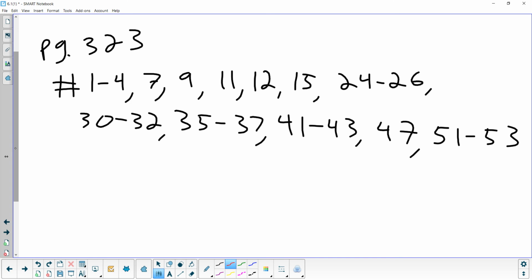All right, so those are the problems for tonight, and that's going to cover everything we did: finding a complement, supplement, coterminal angle, converting between degrees and radians as an exact answer and as a decimal, and then converting from radians to degrees as an exact answer and as a decimal.